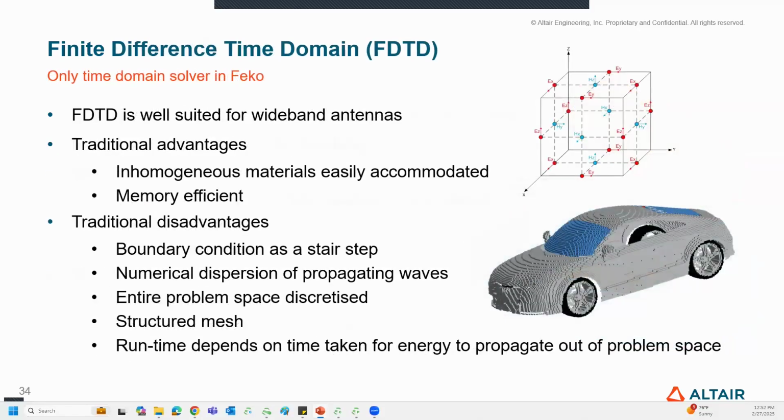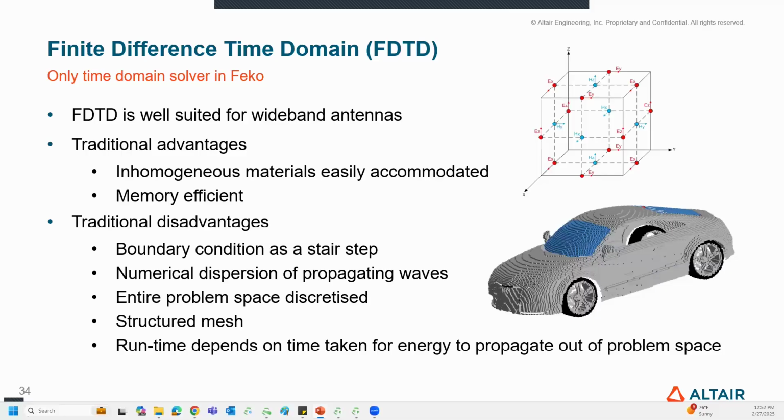And between method of moments, finite elements, and finite difference time domain, I would say FDTD would be the most memory friendly solver. But time depends on the time step, which in turn depends on the finest mesh element within the entire model. So it's extremely memory efficient.